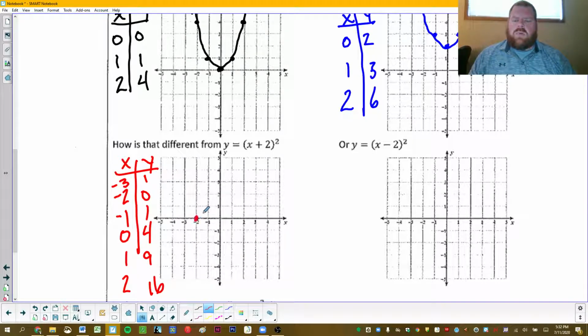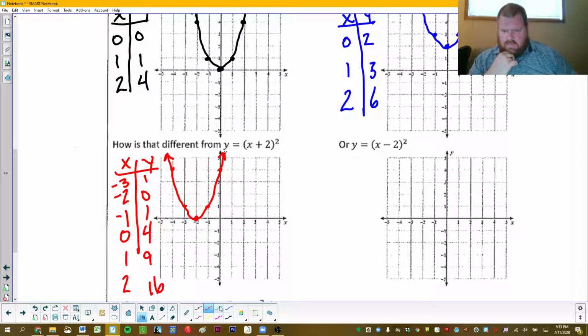So I get this point. It's not mirrored across the y-axis. It's mirrored over here now. So at negative 1, it's 1. At 0, it's 4. And then it goes off my graph. And then these points get mirrored over here. And so I get a graph that looks about like this. And there we go.